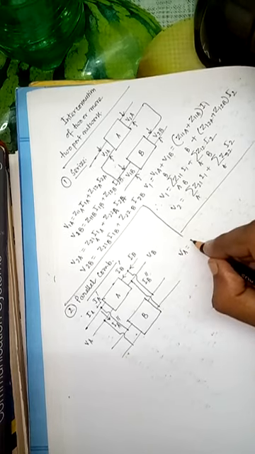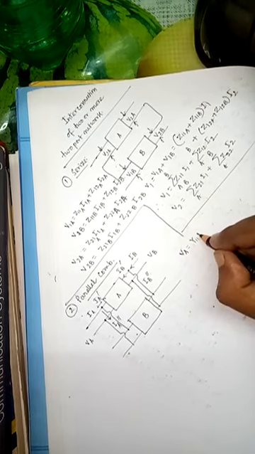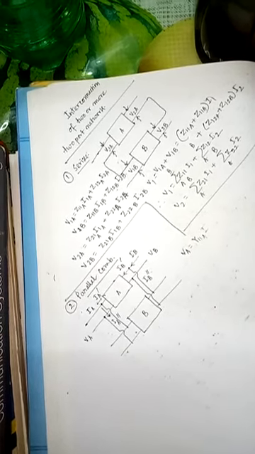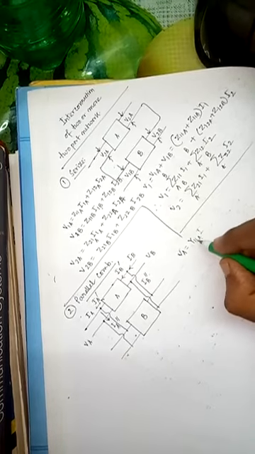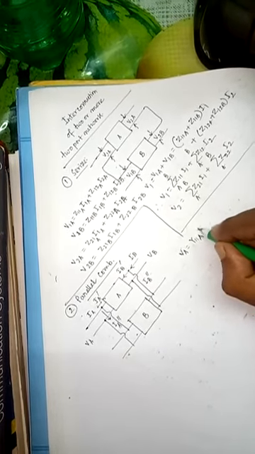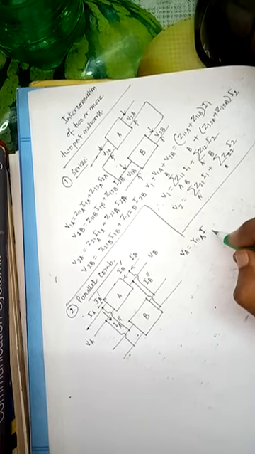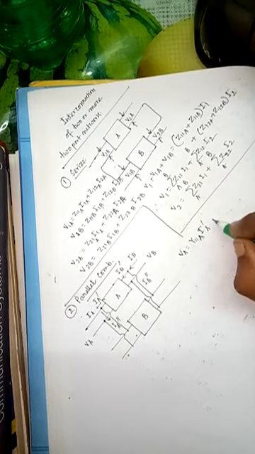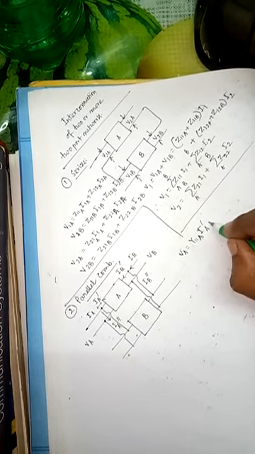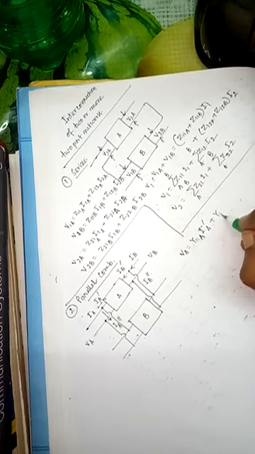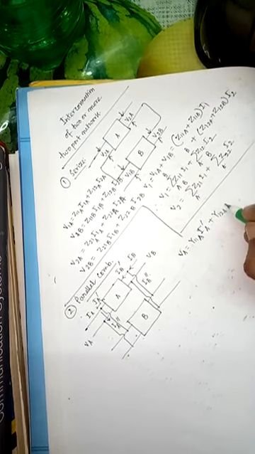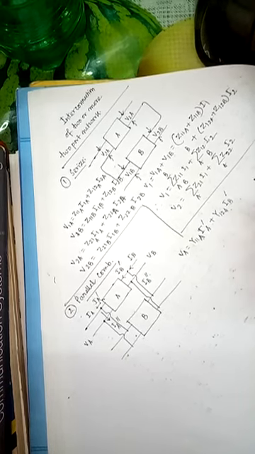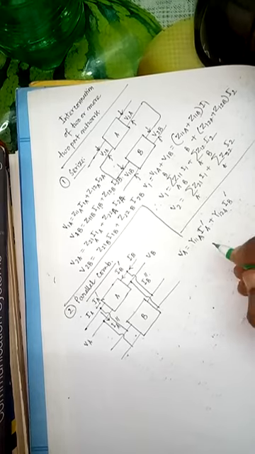VA equals Y11A into IA dashed plus Y12A into IB dashed.